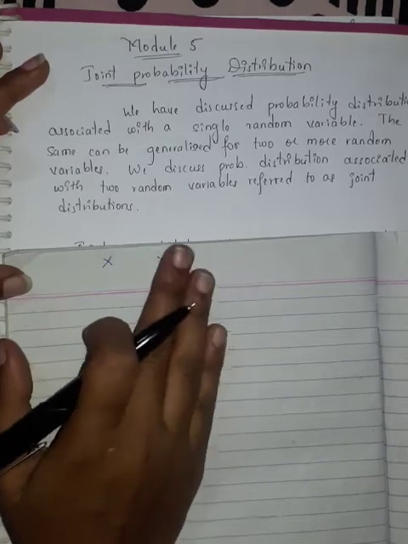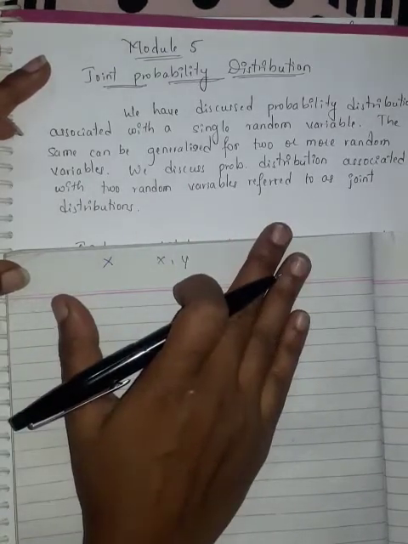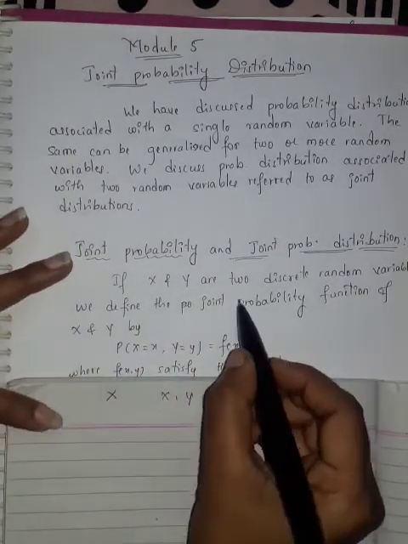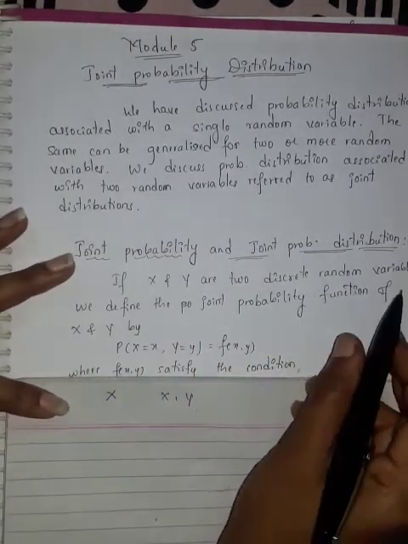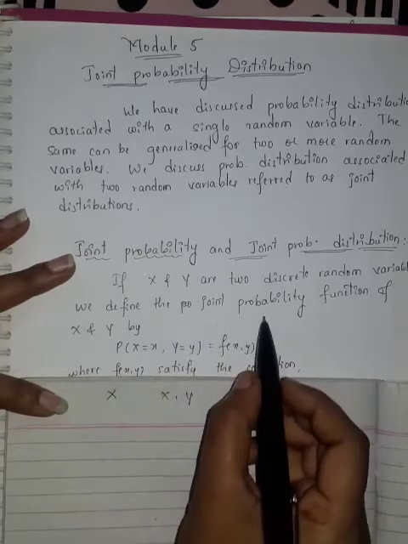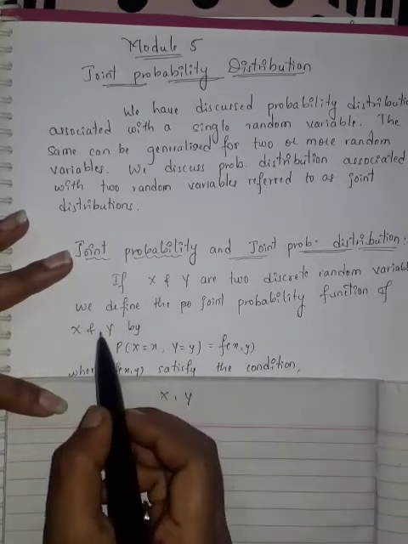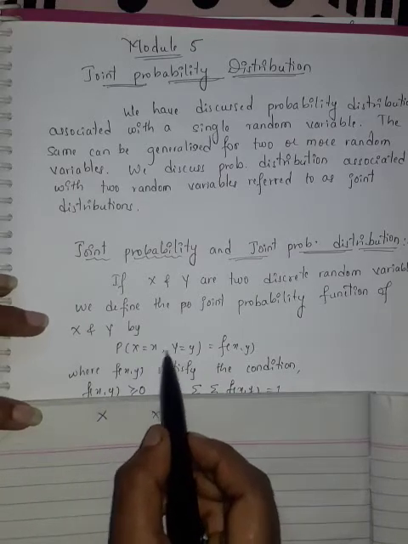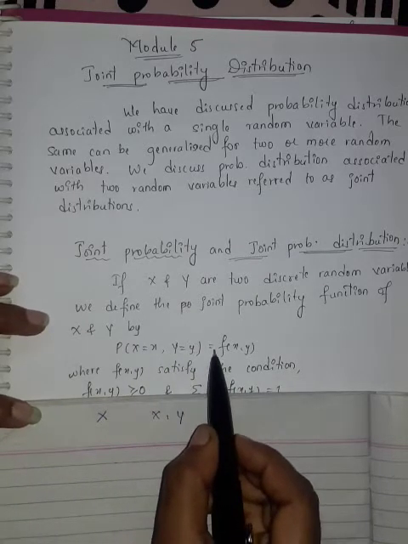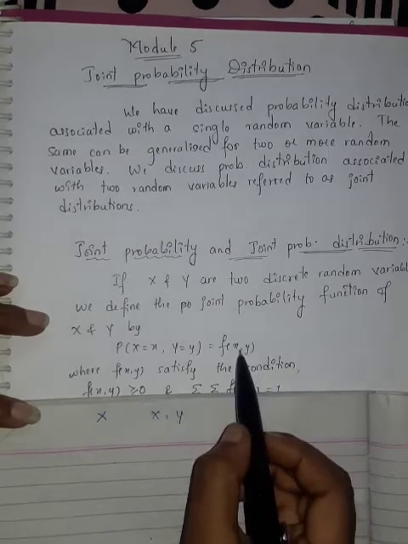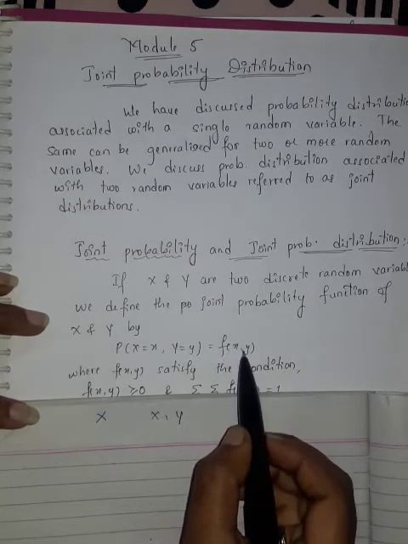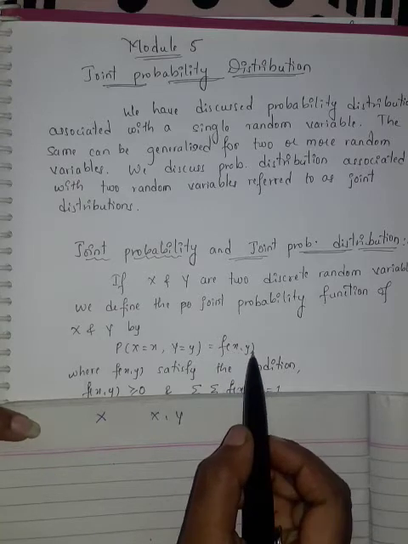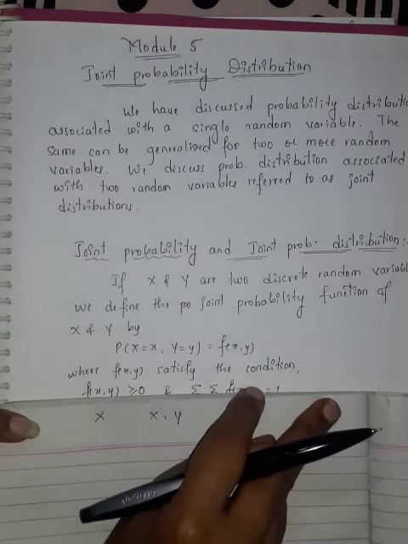So let us see what is joint probability and joint probability distribution. If x and y are two discrete random variables, we define the joint probability function of x and y by P(X = x, Y = y), given as f(x, y), that is a function of x and y, where this function satisfies two conditions.